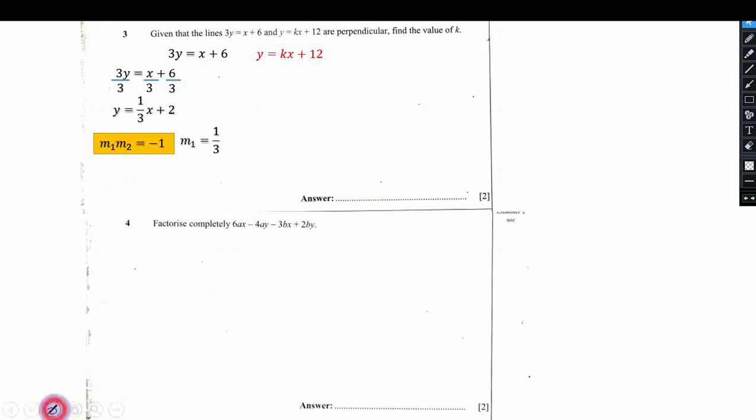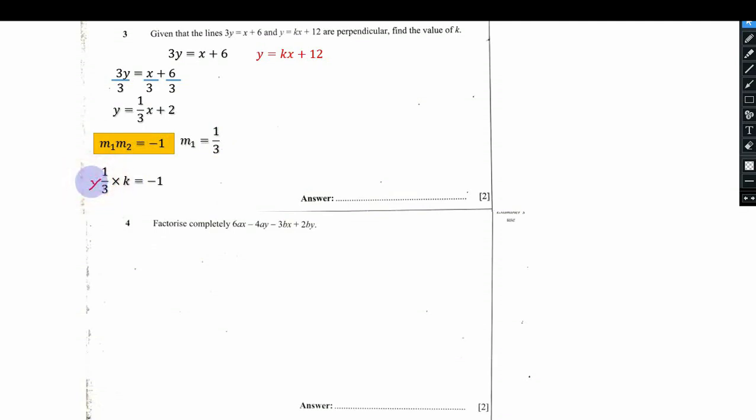At the same time, we can proceed now by multiplying this with the k. So the m2 we take as k. Now here we need to apply the multiplicative inverse.